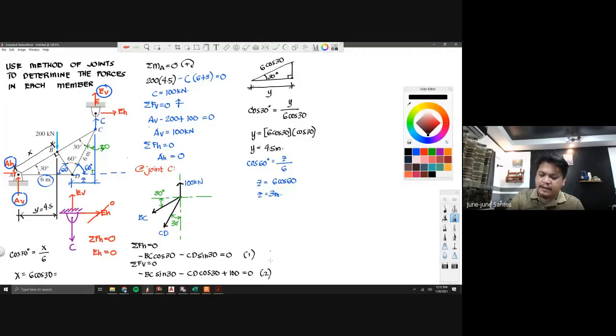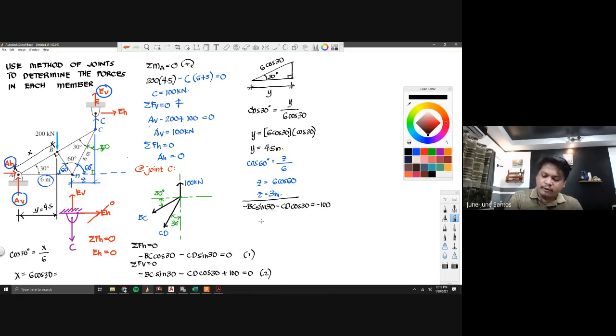Equation 2. Rearranging the second equation, that would become negative BC sine of 30 minus CD cosine of 30 equals negative 100.